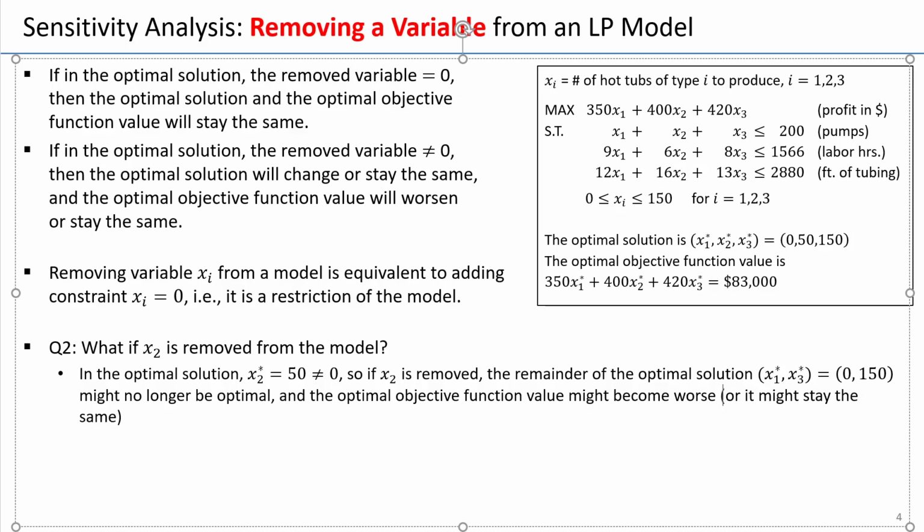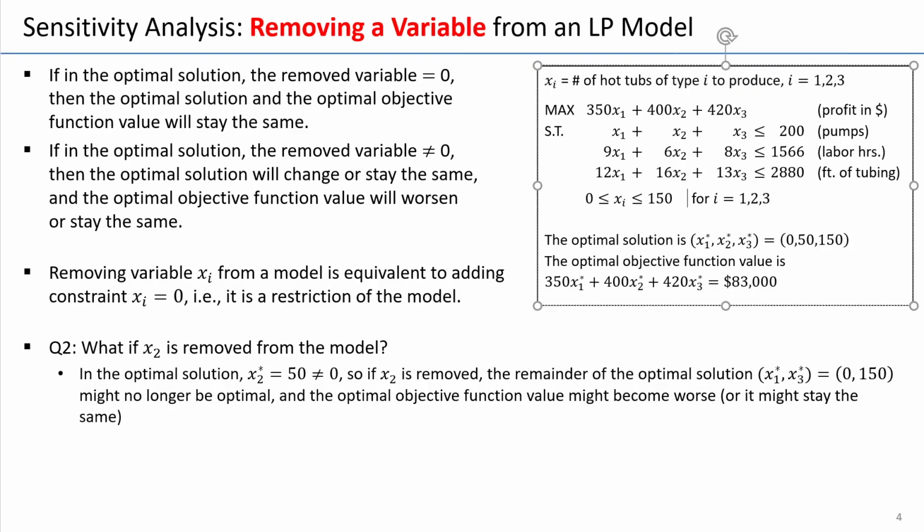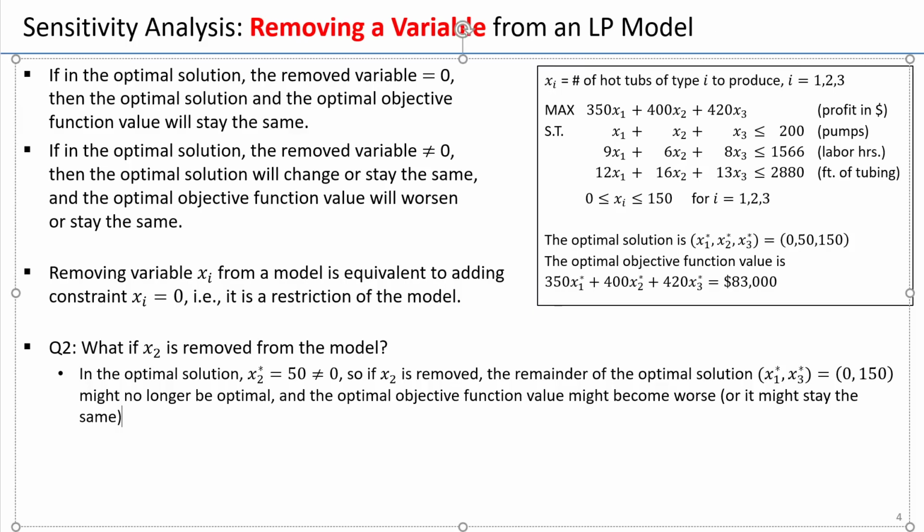Actually, in this case, it's very likely that it will become worse because we had a variable with positive profit contribution, and therefore, if we shut down production of the second product type by having x2 equal to 0 enforced, it is very likely that we will reduce the optimal profit in this model, so it will become worse.